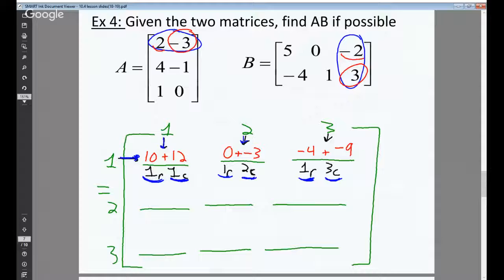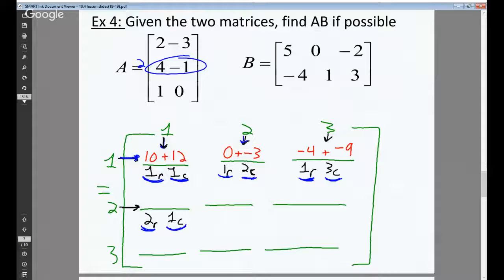Now just one more so you can get the hang of it. Let's go over to this one now. Notice that it's in row 2, and the column it's in is column 1. Again, use these as our cues. This time, since we're in row 2, that should tell us that we got to go to row 2 in matrix A. And then column 1 here will tell us, oh, I got to look at column 1 of the second matrix.